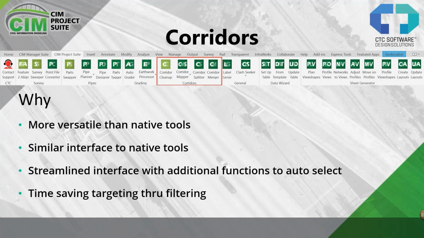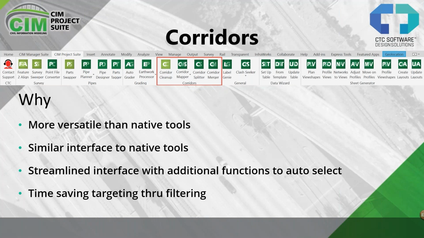So corridors. You can see on our toolbar up there, it's highlighted towards the middle. And why do we use our corridors over native? Well, we feel it's a little more versatile than the native tools.